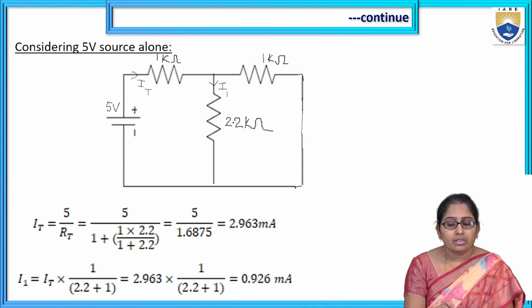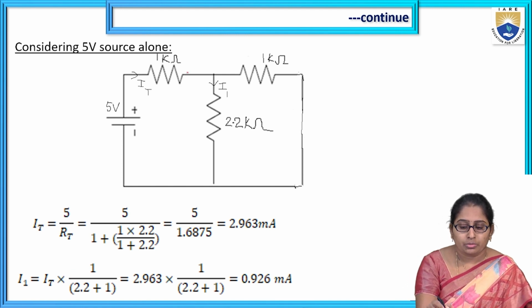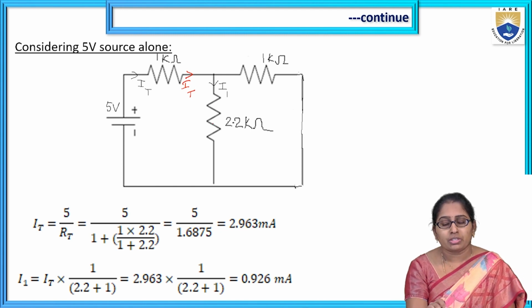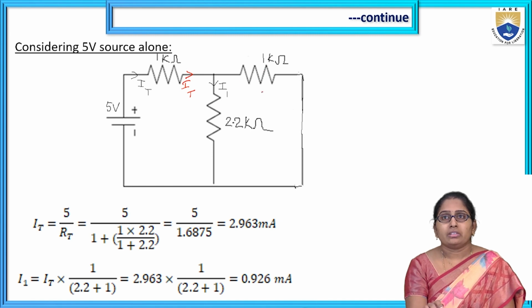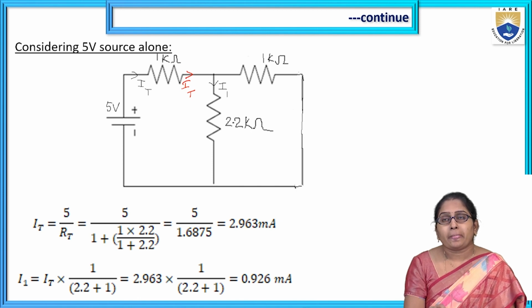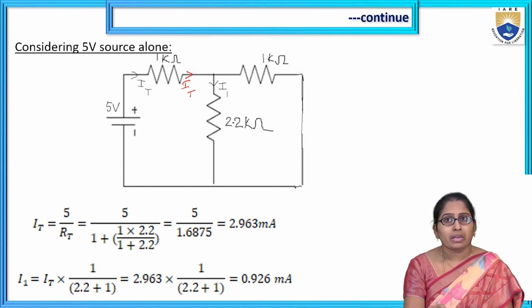As I explained in previous lectures, according to the current division rule, the current in a particular element is the total current multiplied by the opposite resistance over the total resistance.